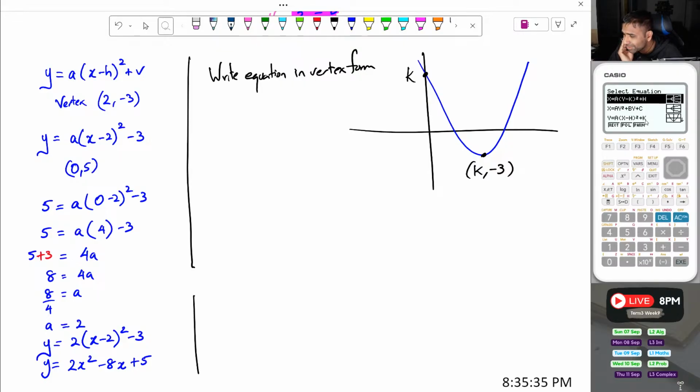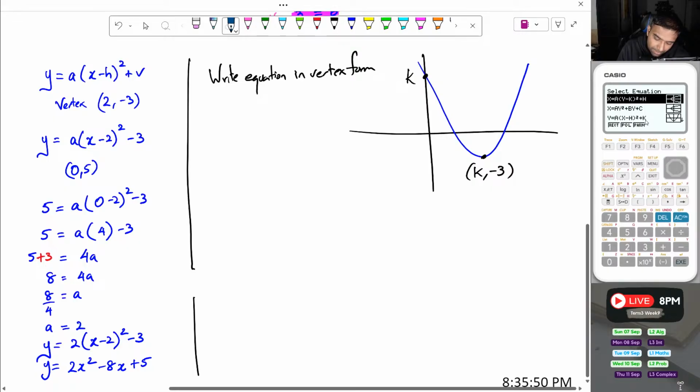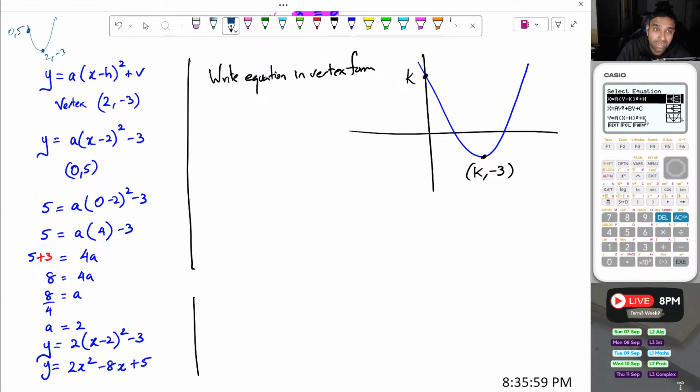You got K equals 3. I don't know how you got K equals 3. I thought it was just going to be an equation. All right, I'm going to do this question just to show you guys. If you look at the example on the left-hand side, that's just with numbers, with a parabola. My parabola looked like this, and that was (2, -3). Then I had a point somewhere there, which was (0, 5).